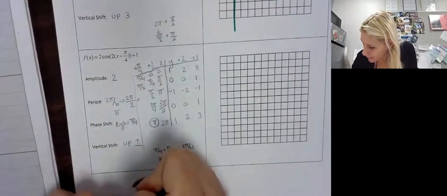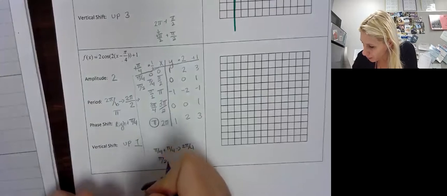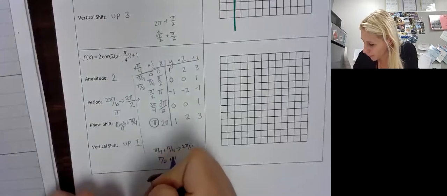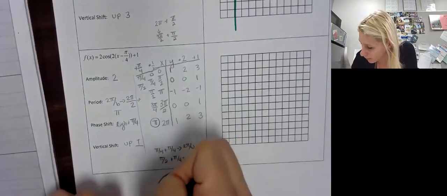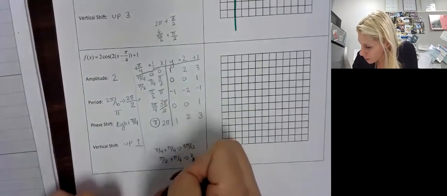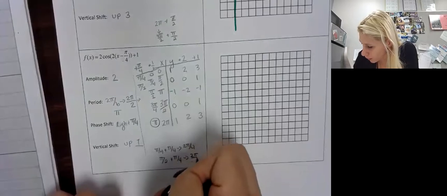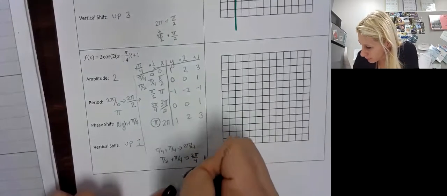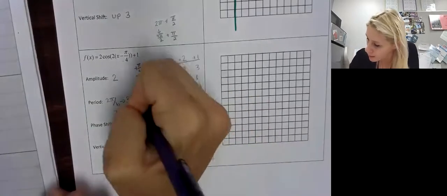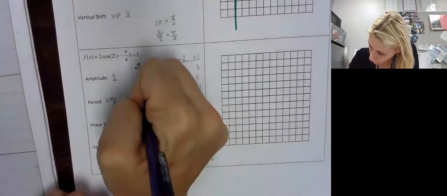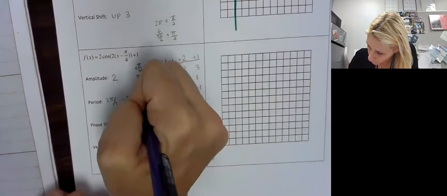Okay, now we have this pi over 2 plus pi over 4, right? We're adding pi over 4 each time. I need common denominators. So I get 2 pi over 4 plus pi over 4, which gives me 3 pi over 4.